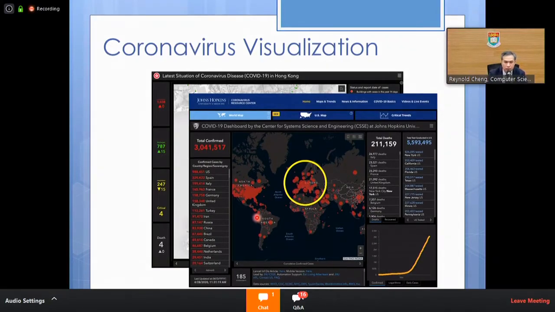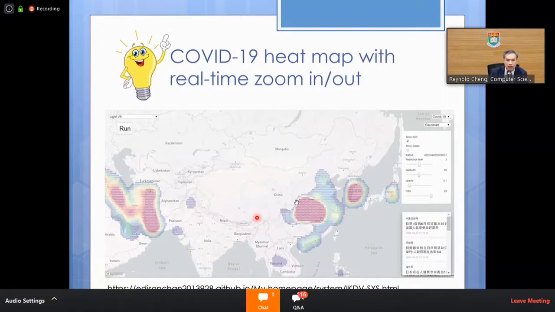So in response to this problem, recently I have worked with my team, and we developed something like a heat map, which displays the density of the confirmed cases in different places. For example, in this app that we have recently developed, color closer to red indicates higher density of confirmed cases.